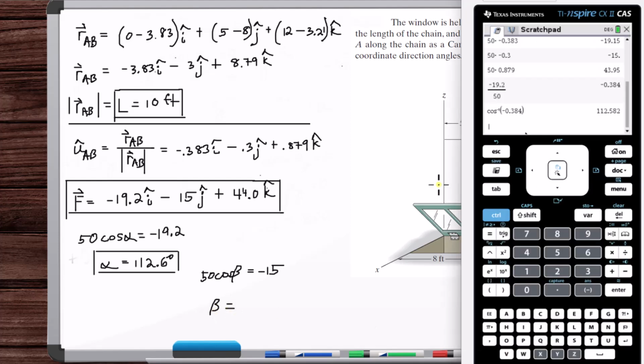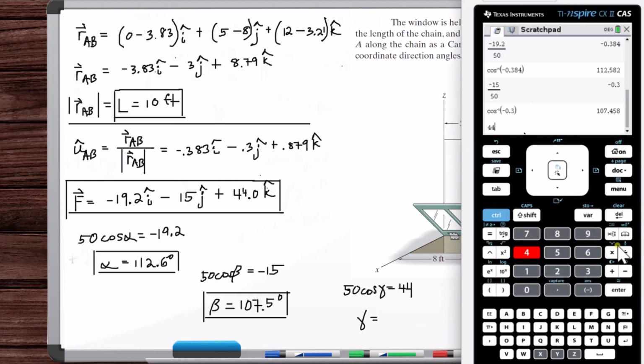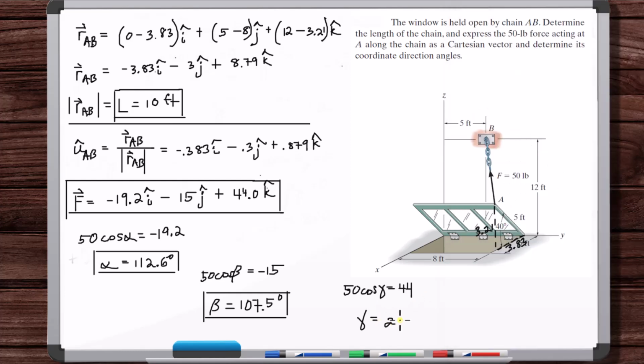So beta is 107.5 degrees. All right, and then 50 cosine of gamma is equal to 44. So gamma is equal to 28.4.